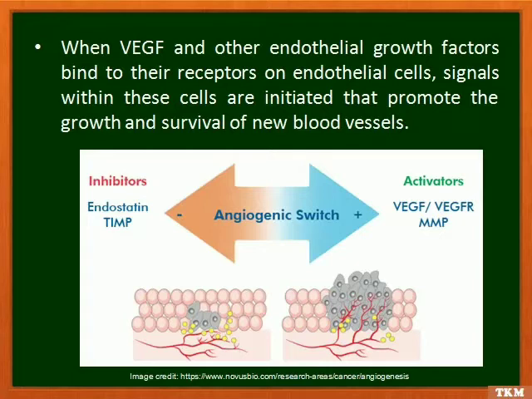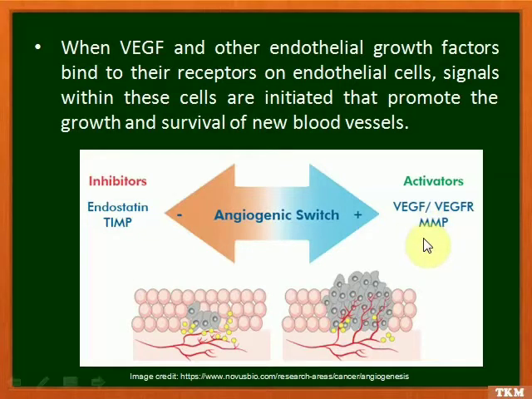When VEGF and other endothelial growth factors bind to their receptors on endothelial cells, signals within these cells are initiated that promote the growth and survival of new blood vessels. So we can see over here, VEGF and VEGFR.